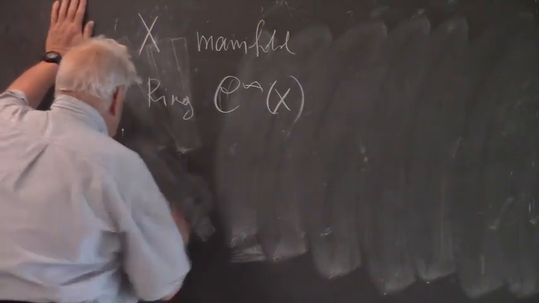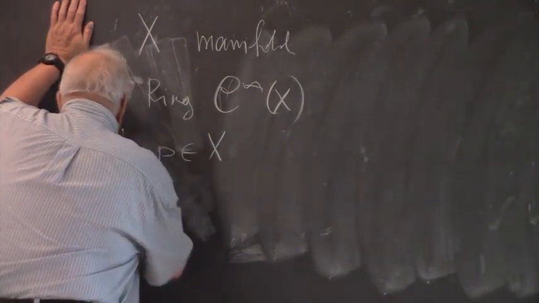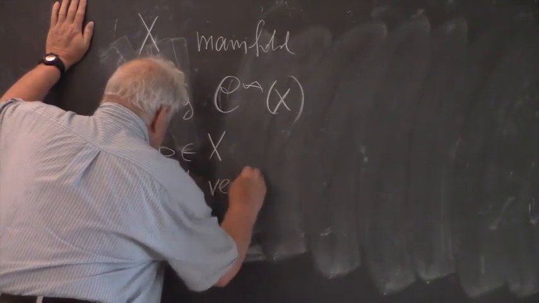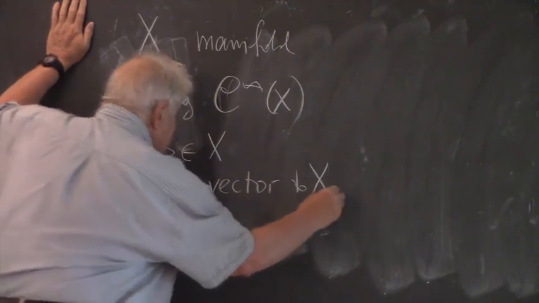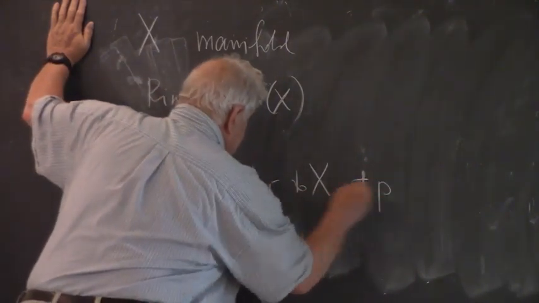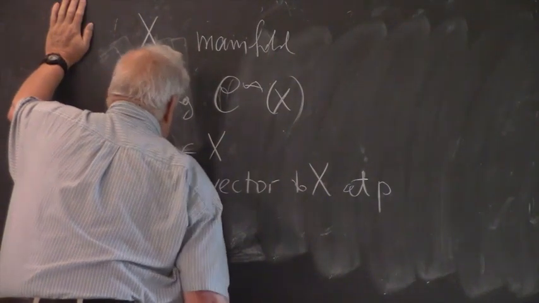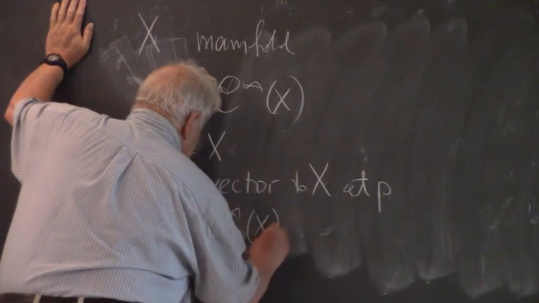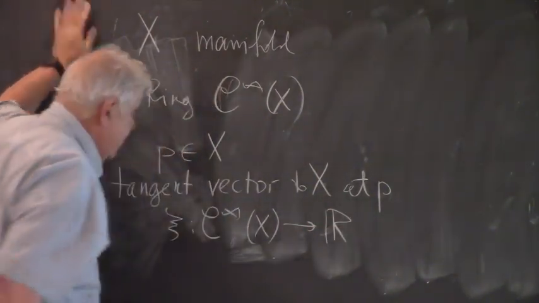Then we also need to have a point P in X, and the tangent vector to X at P, xi, is a linear map to R. I consider real manifolds.